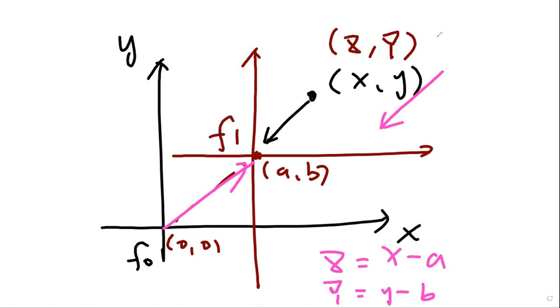Now you move to a new frame, your observer moves to the a, b location, and the coordinate of the same point with respect to frame 1 is big X, big Y, which becomes x minus a, y minus b. Is that okay?